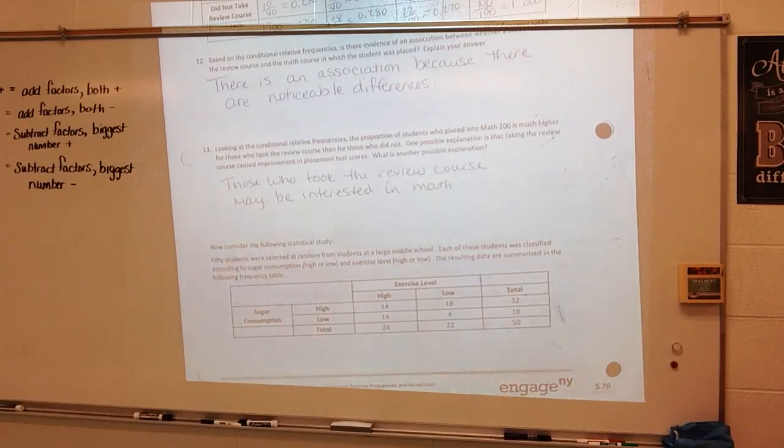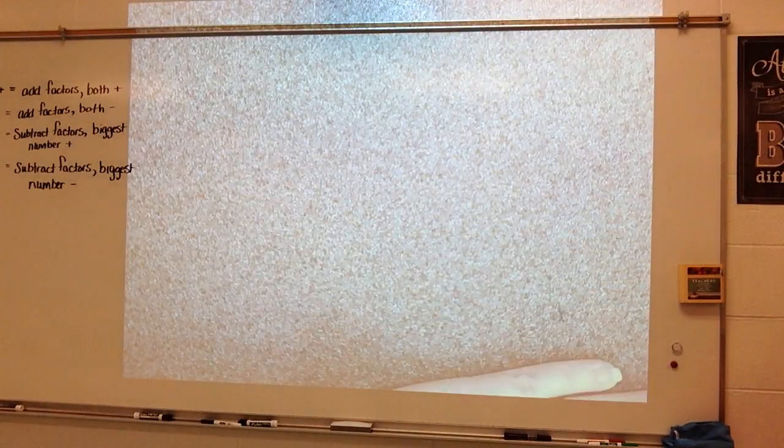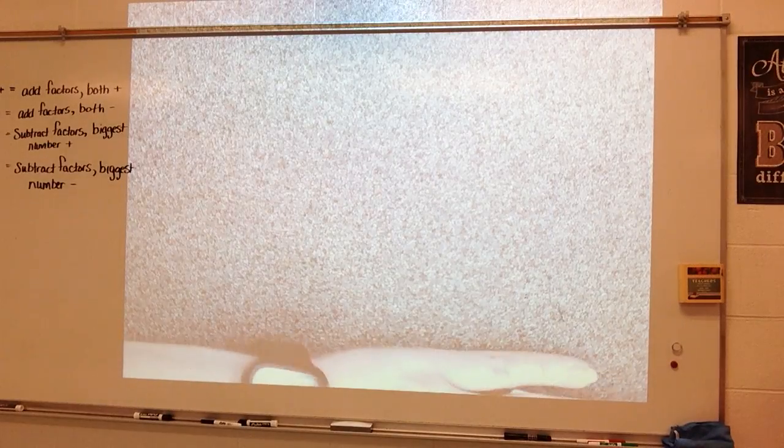Alright, so it says calculate the conditional relative frequencies. So once again, go ahead and pause your video. Go ahead and create those conditional relative frequencies. Once you have done that, then go ahead and pop back on and make sure that you have the same values that I do in my chart.